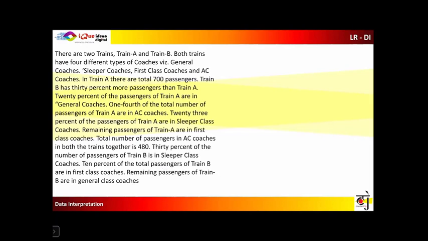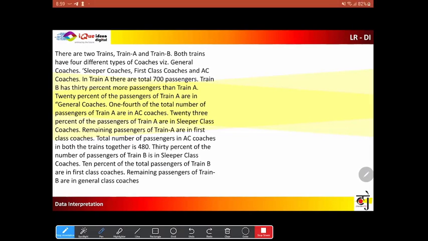So there are 2 trains A and B. Both offer 4 different types of coaches: general coach, sleeper coach, first class and AC. In train A there are a total of 700 passengers, and train B has 30% more passengers than train A. If A has 700, 30% of 700 is 210.